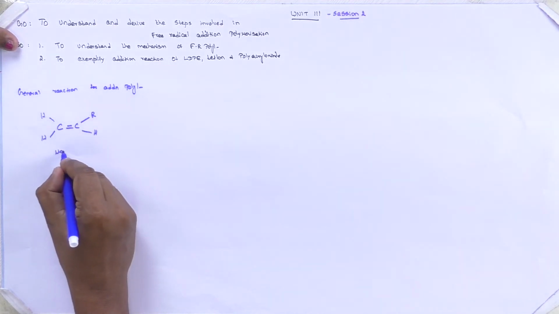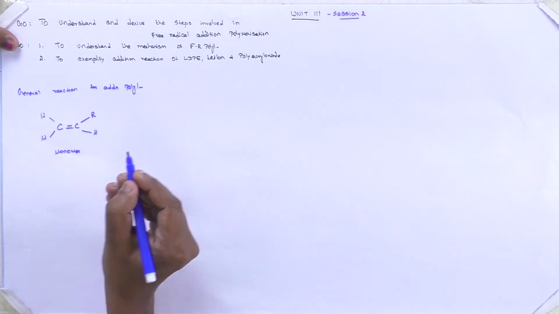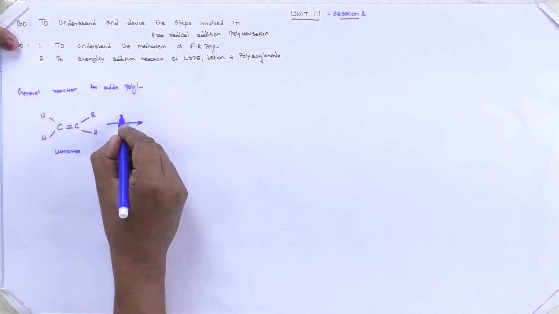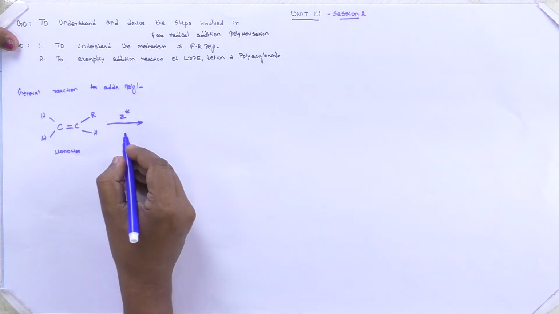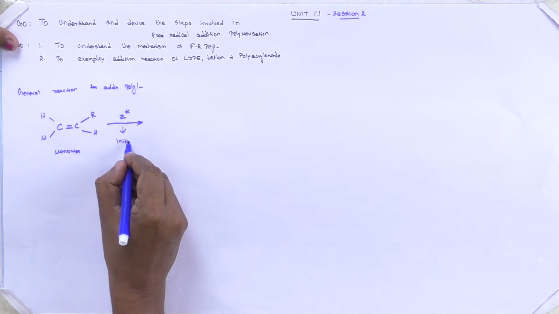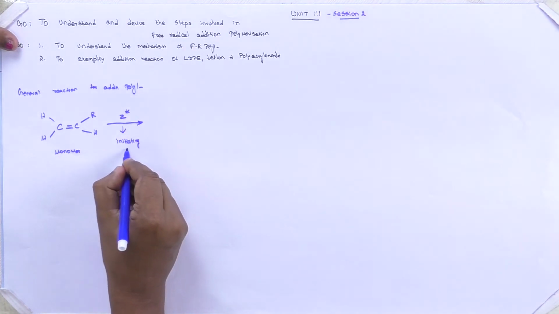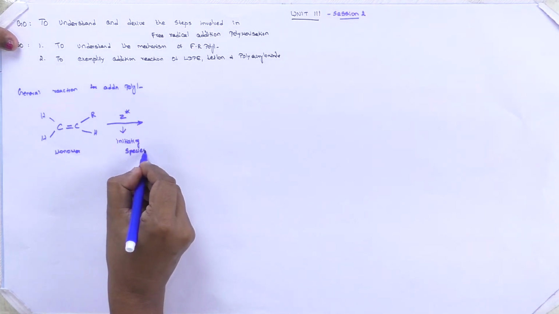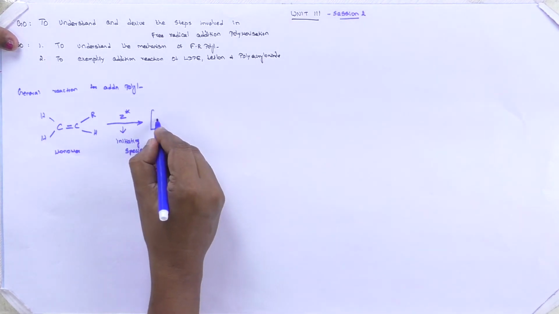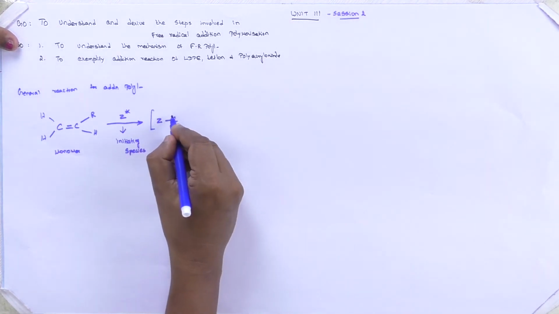So, this is a monomer. What happens in addition polymerization is you take an initiating species such as Z star, which we call the initiating species, and this Z star attacks the carbon.